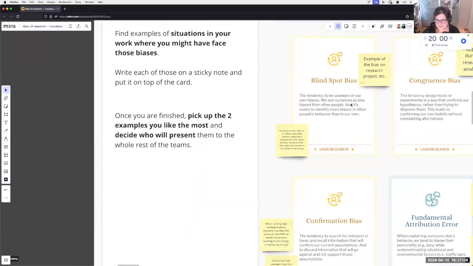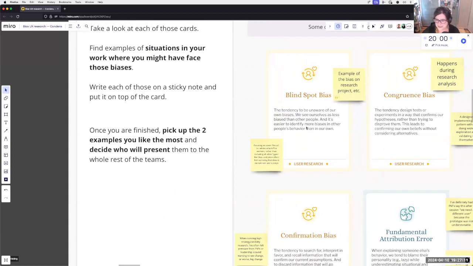And for this one, I have a fun example for the blind spot bias. I was doing this workshop face-to-face with some people, and there's this bias called not invented here, which developers usually have: if the code or the product was not developed in-house, it's considered lesser. But why is it less? We don't know, just because it was not developed here. I had a developer who could not understand the bias.